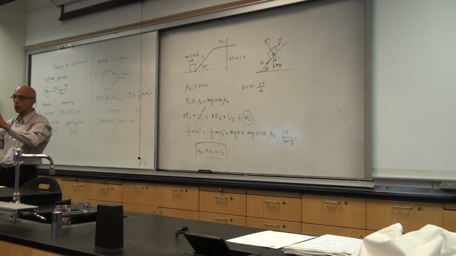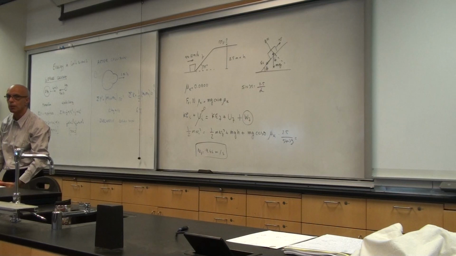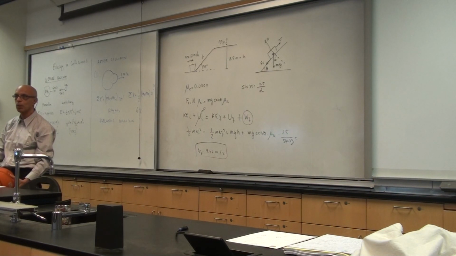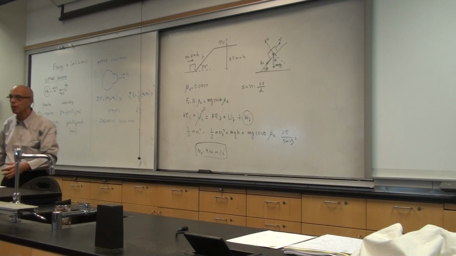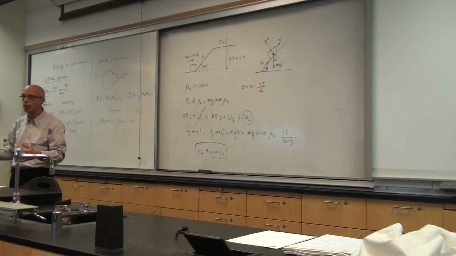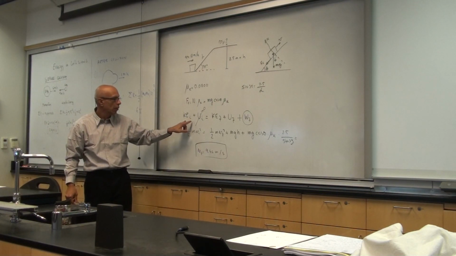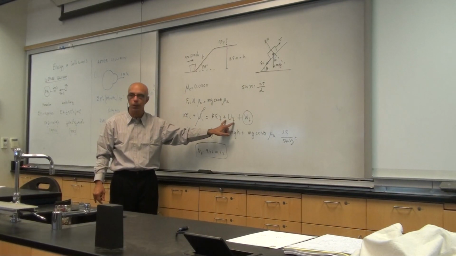This is higher than this one. When it comes to this point, it has converted this difference into kinetic energy, until it goes to the ground, where the potential energy is completely zero, and it has converted everything into kinetic energy. So this is a conservative system, where the initial kinetic plus potential energy would be equal to the final kinetic and potential energy.